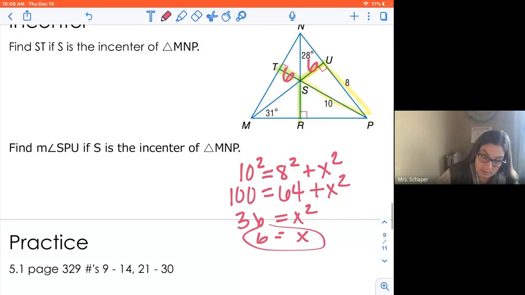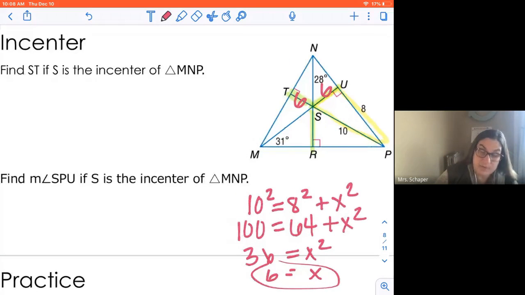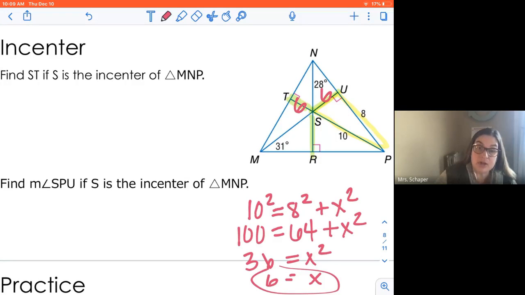Okay. Let's do one more. Find the measurement of SPU, if S is the incenter of MNP. We've got to find this measurement, SPU, right here.